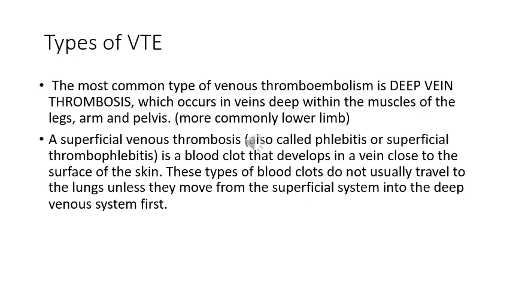These do not usually travel to the lungs, as I mentioned earlier, unless they move from the superficial system into the deep venous system. Only if they move from the superficial to the deep venous system is there a chance of an embolism. Otherwise, these are not much complicated.